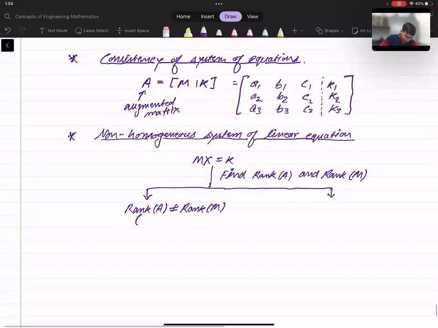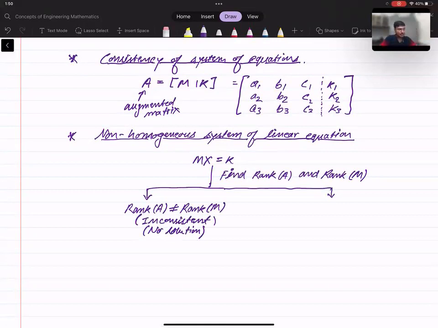Inconsistent, and there will be no solution. No solution. Okay. So this is one case.